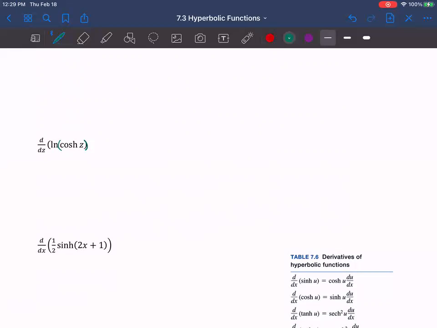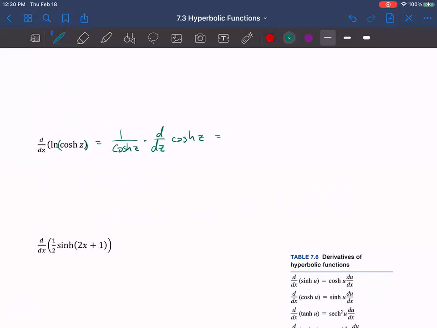So the derivative of the natural log is 1 over x. So what does this one become? We've got to do chain rule. So we do the derivative of the outer part. And so the derivative of the natural log part is 1 over what's inside the natural log times the derivative of what's inside the natural log, right?